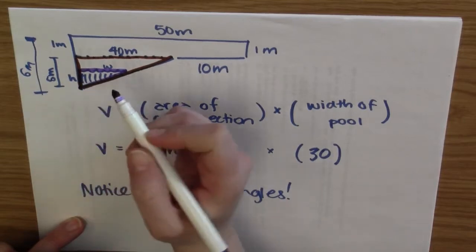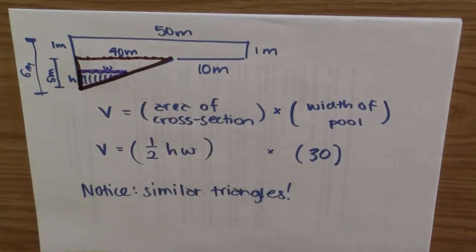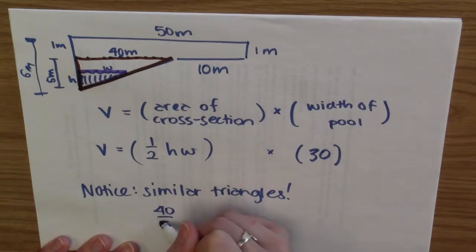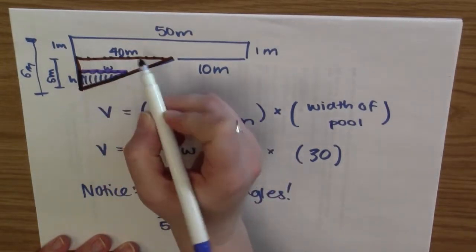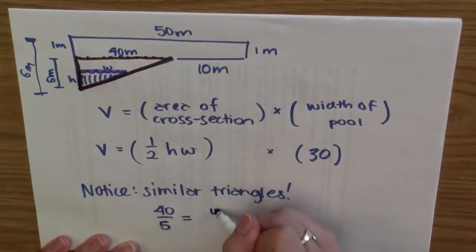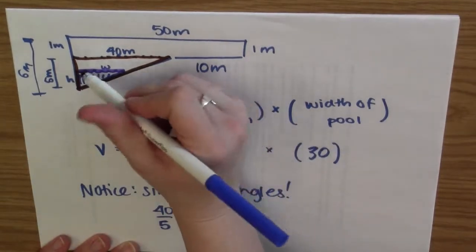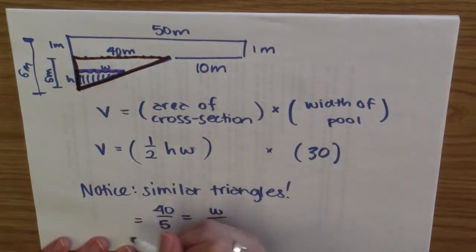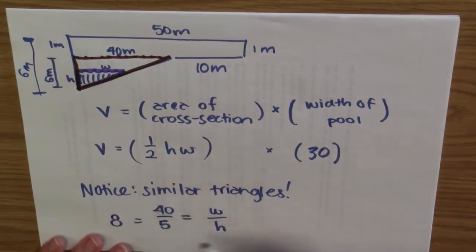Two right triangles sitting inside each other like that always gives me similar triangles. So the ratio of their sides is equal, which means that 40 over 5 is equal to the side here and the side here, w over h, corresponding sides here and here. Well, 40 over 5 is equal to 8. So I have 8 is equal to w over h.